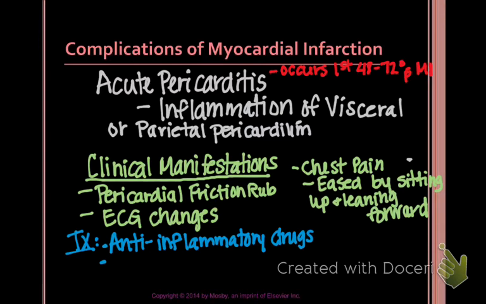Treatment is often anti-inflammatory drugs, corticosteroids, NSAIDs, and then a pericardiocentesis, or some people call it a cardiocentesis. There's a good visual of it in your book, but they actually take a needle and draw that fluid off.